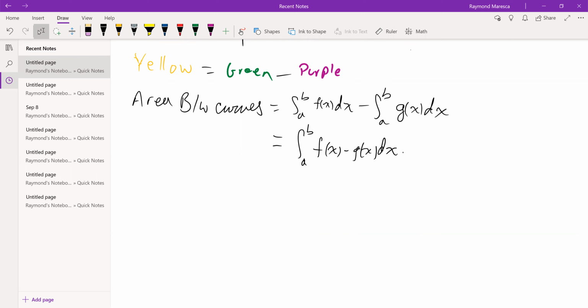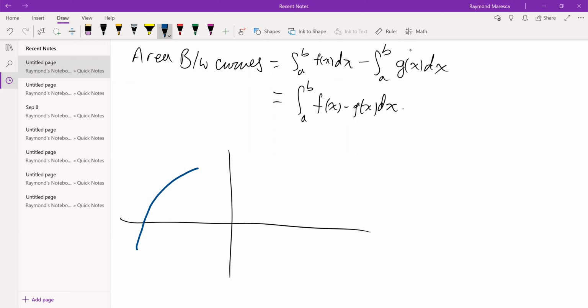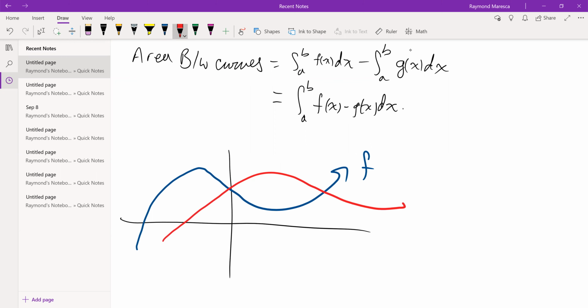But what happens if that's not the case? So let's say that we have something that kind of looks like this. So we have a function f, and then we have a function that looks like this, g.